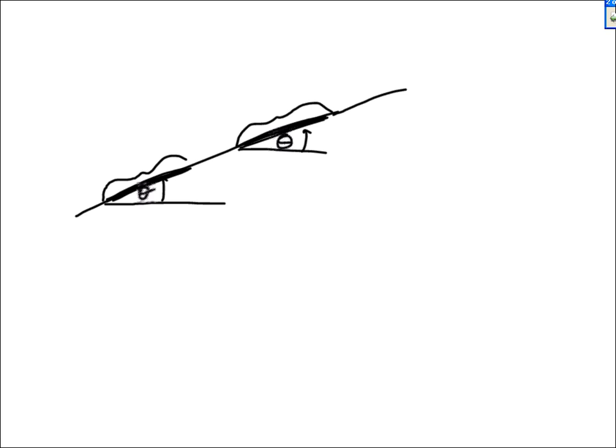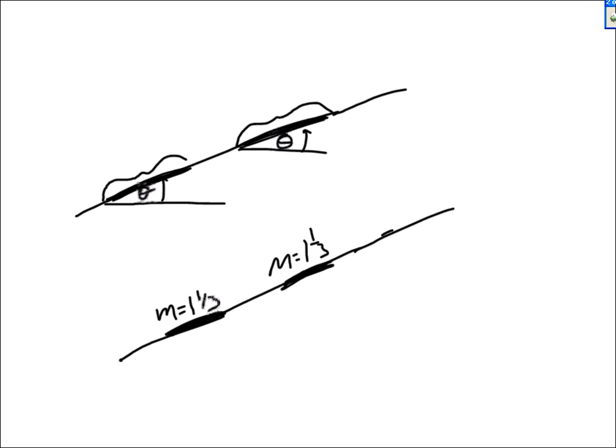On any line, the slopes are the same for any points. That is, if I ask you what's the slope of that portion of the line, if I told you it was 1 1/3, and I ask you what's the slope of this portion of the line, you should tell me it's also 1 1/3. And for this much smaller portion, it's 1 1/3.